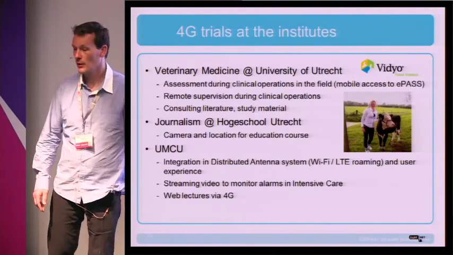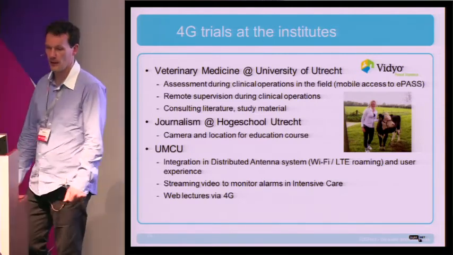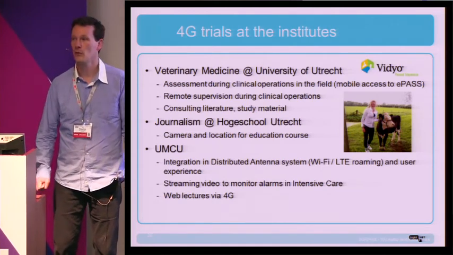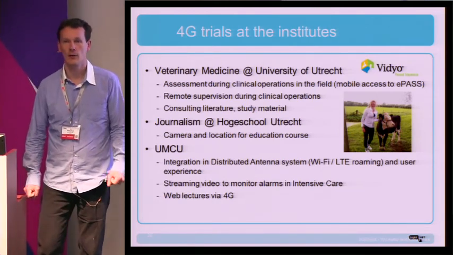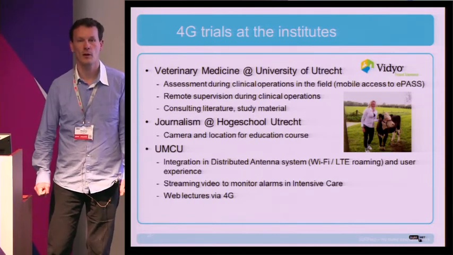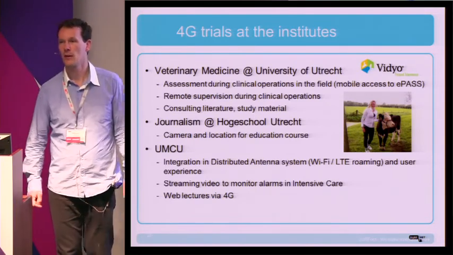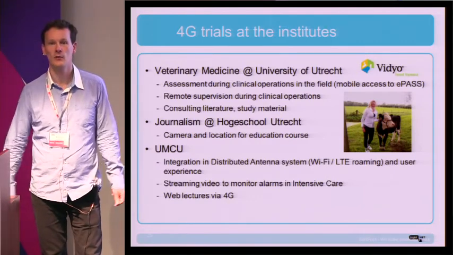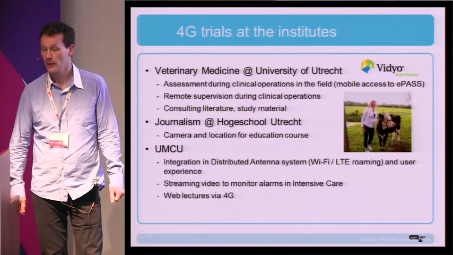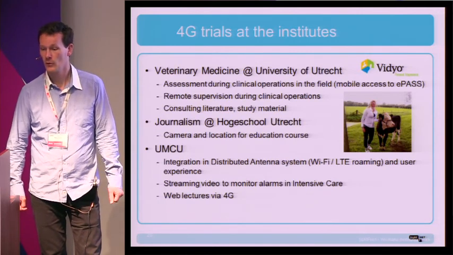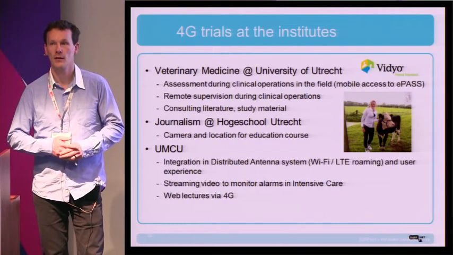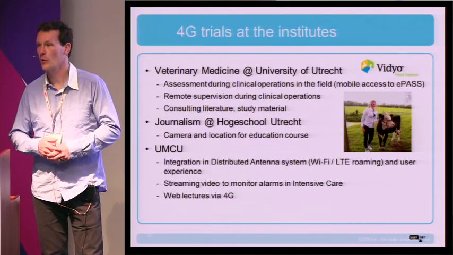And the veterinary faculty of the University of Utrecht is a very professional faculty who get horses from all over Europe, the race horses, and they treat them, and also cows with all kinds of diseases, they treat them. And they really want to use this trial to see whether they can enhance their educational process.